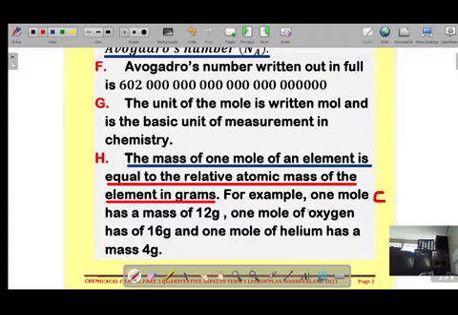Let me say it again. 1 mole of carbon, carbon is an element, has a mass of 12 grams, and 1 mole of oxygen atoms also has 16 grams, and then 1 mole of helium has a mass of 4 grams. So 1 mole is the same as the mass for each element in the periodic table. Okay, let us proceed.